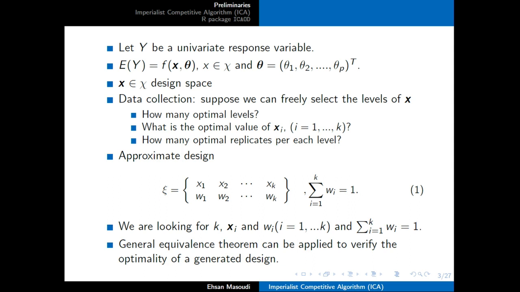So its sum should be 1, and we are looking for K, Xi, and Wi's, with this equality constraint. And then we have a general equivalence theorem that can be applied to verify the optimality of the generated design.